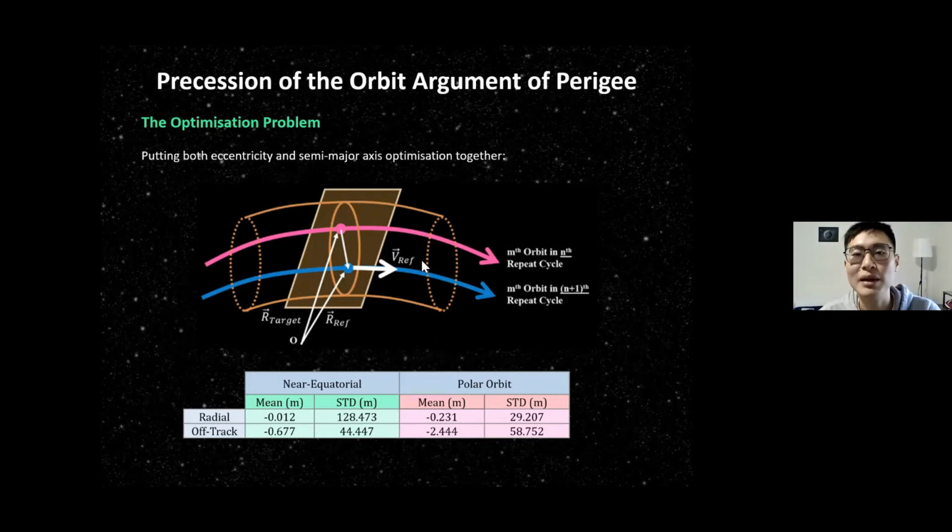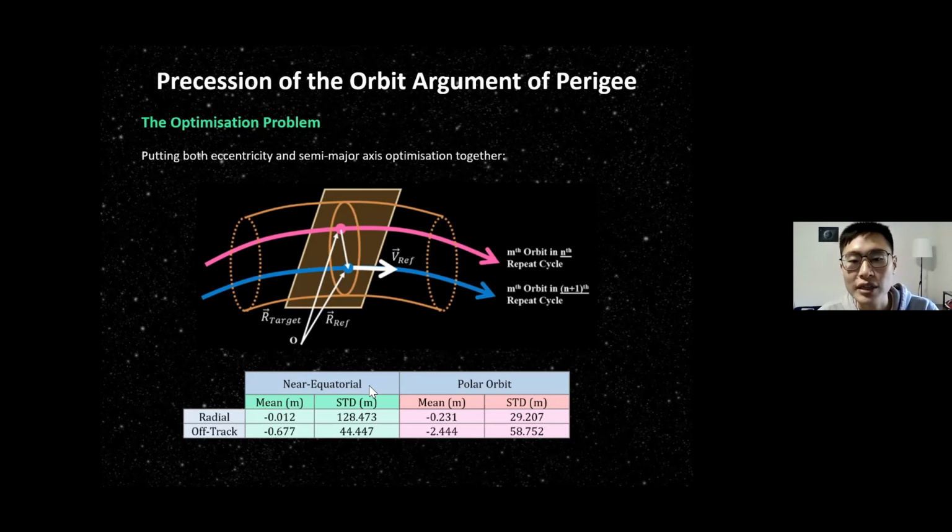Even after optimization, we compared phase errors between two ground track repeats. Let's say I finish one period, like 6 days of my repeat. Now let's compare 0 to 6 days and 6 to 12 days, and compare the phase errors in between.